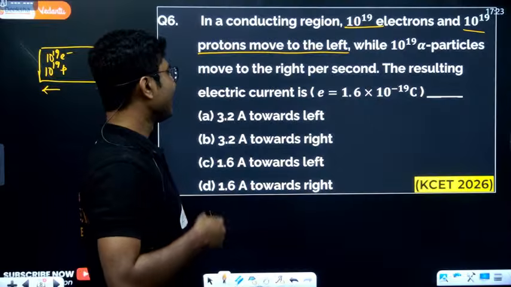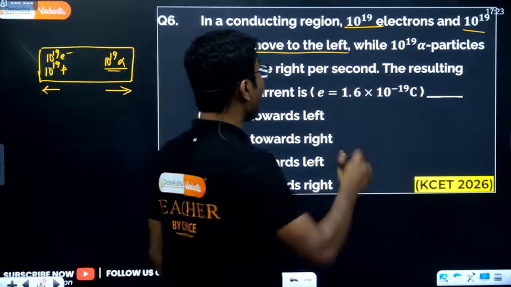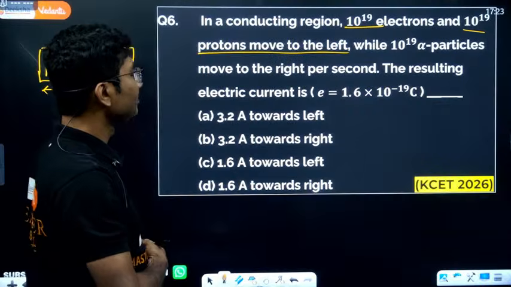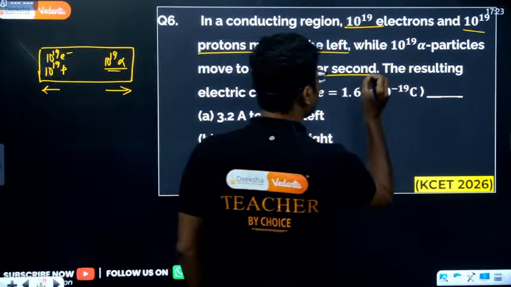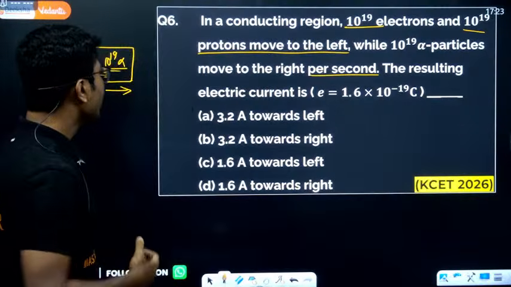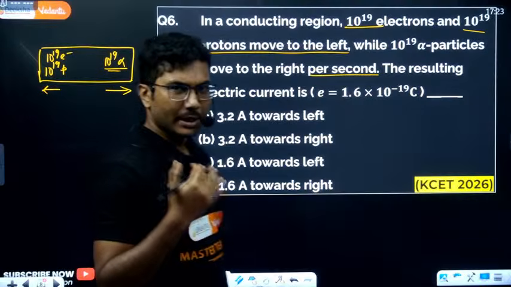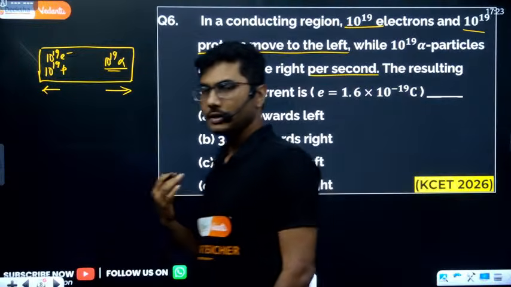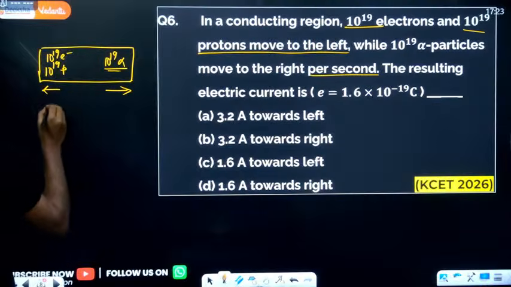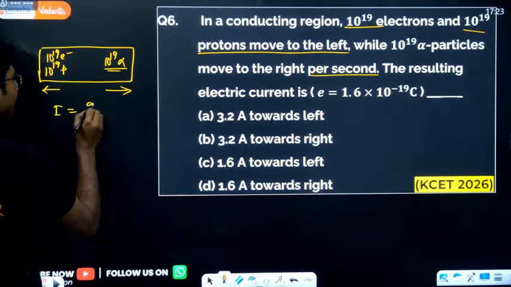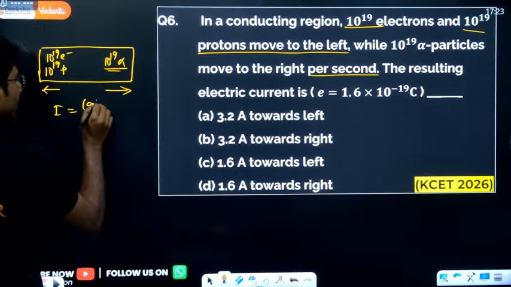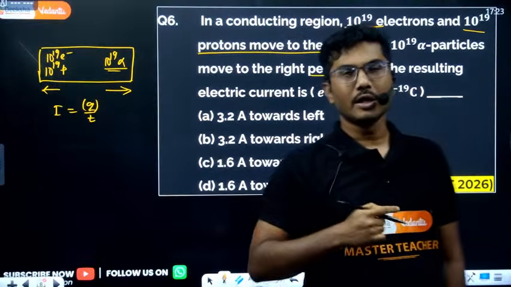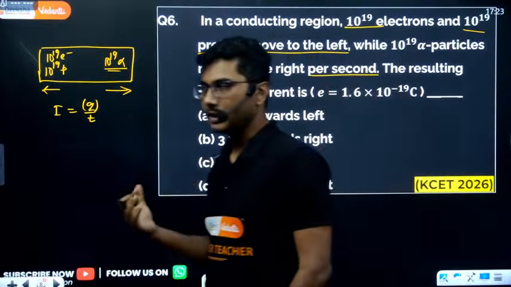So what is the resulting electric current? This is happening per second, so you don't need to worry about it. You just find the net charge which is moving in a particular direction, and based on that you can calculate the current. Current is charge by time. Time is given per second, so t is equal to 1. So you can directly calculate the current, right?